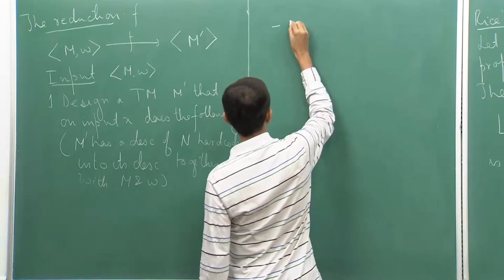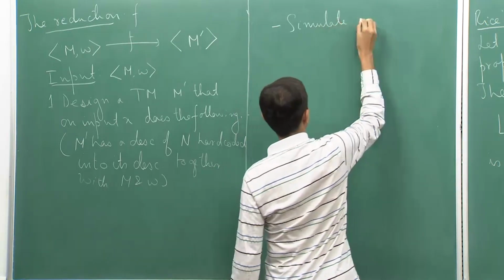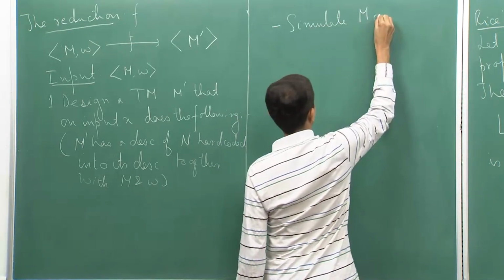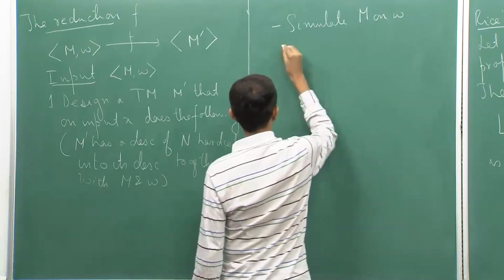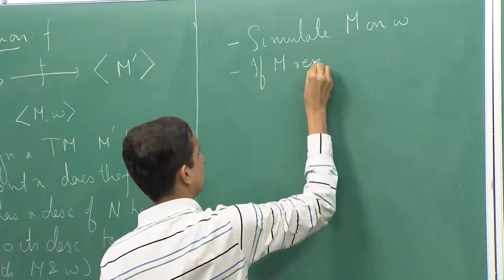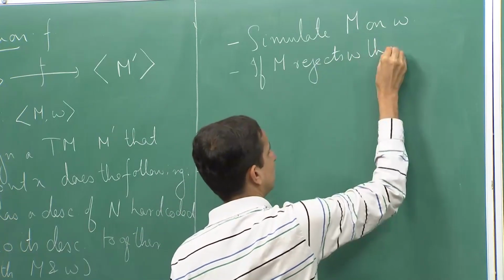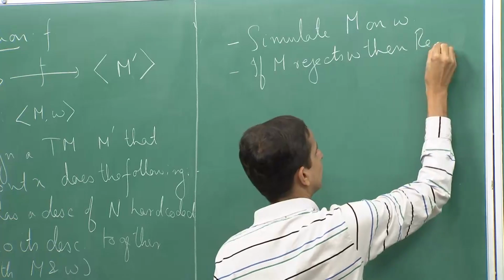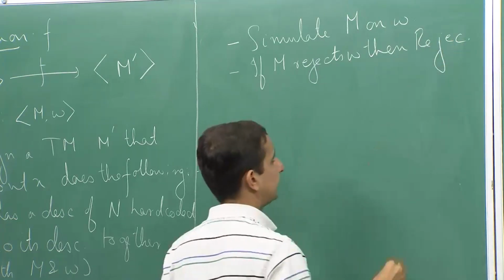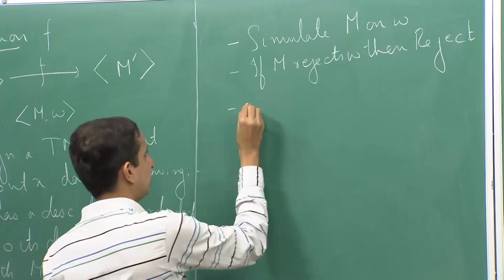First, M prime will simulate M on W. If M rejects W, then it rejects, it does not do anything else.